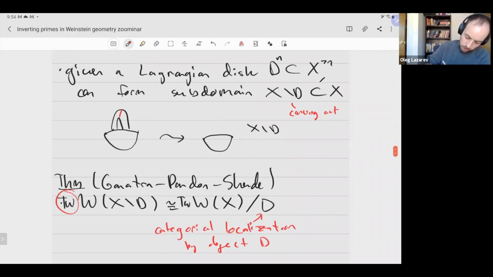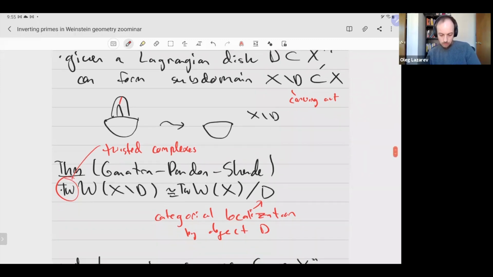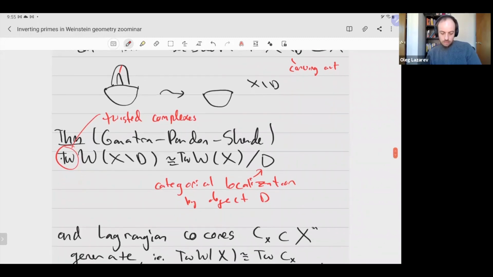Oh, and I should say, I keep writing this tw here to denote twisted complexes. So I take the Fukaya category of genuine Lagrangians, and then I enlarge it by looking at twisted complexes. So that's going to be important later, but it's some algebraic enlargement of the Fukaya category.